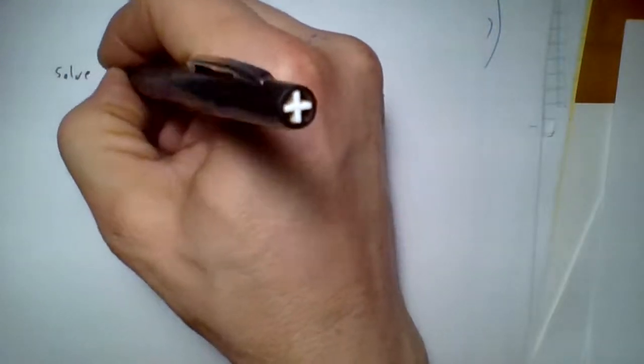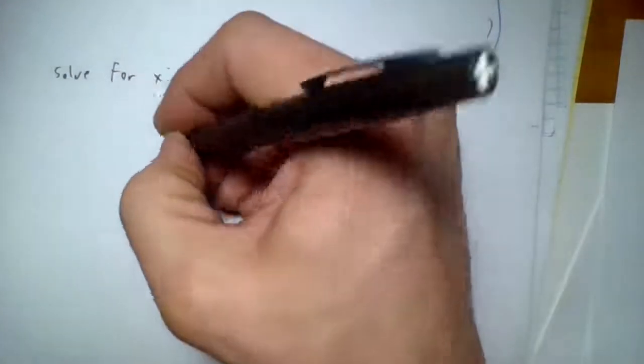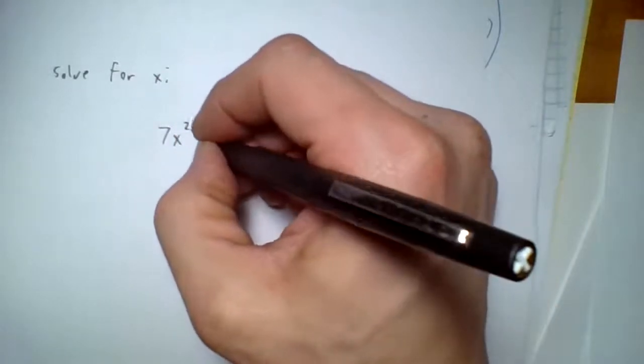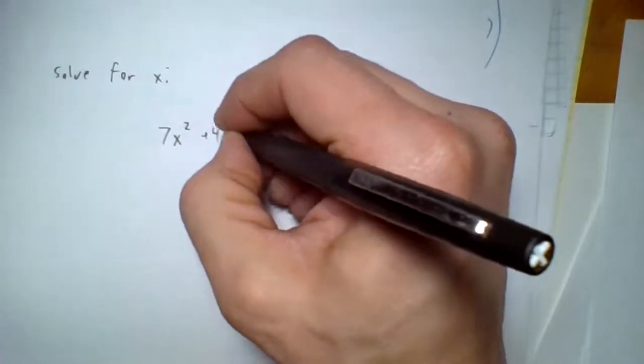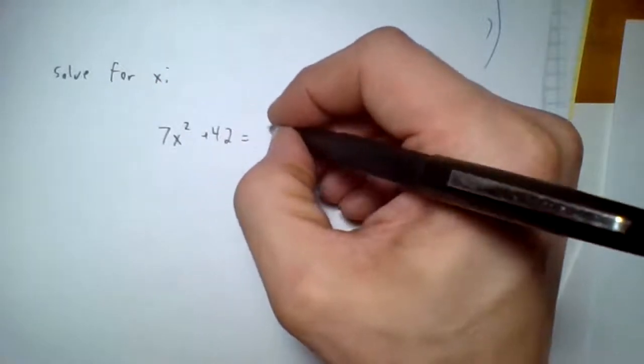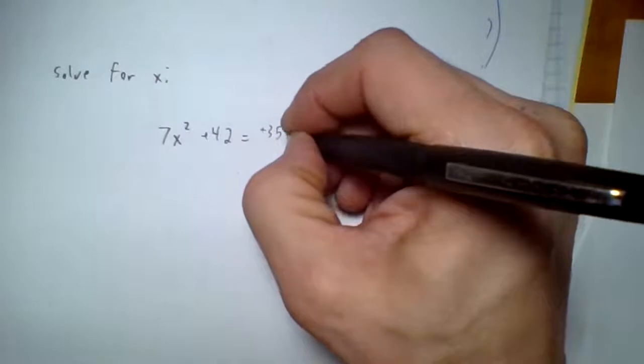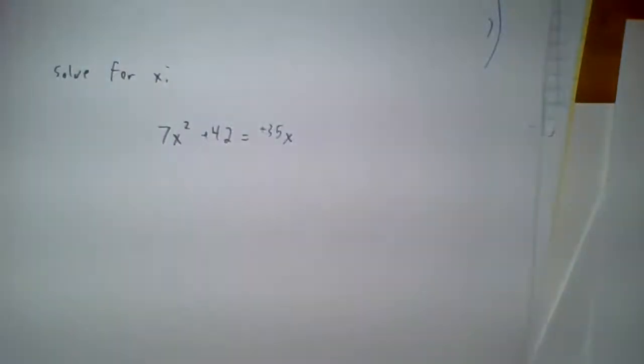Similar problem, going to be solving for x. Got 7x squared plus 42 equals positive 35x. Started out in that form.